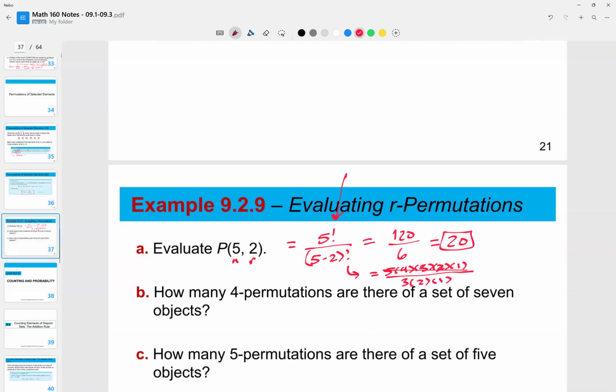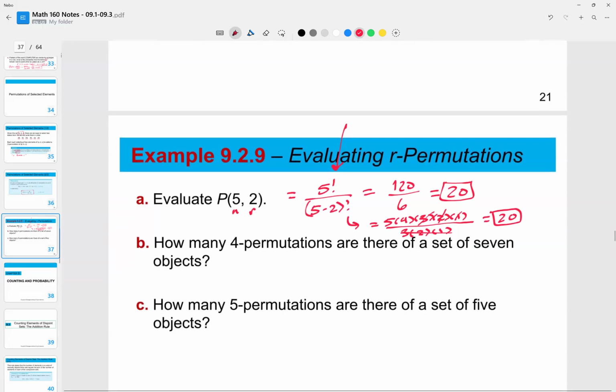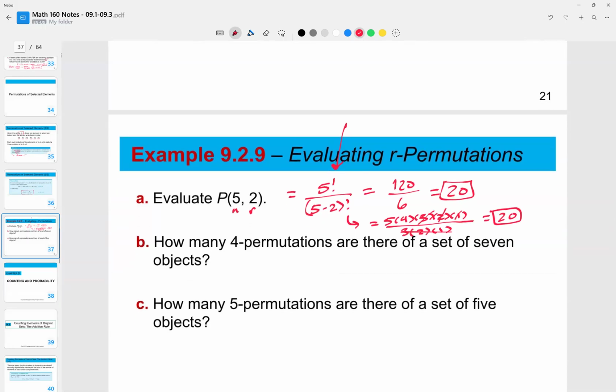And you can see that these cancel out. Anyways, you get the idea. And so you're left with 5 times 4, which is 20. Or you can use a scientific calculator or a graphing calculator to do permutations as well.